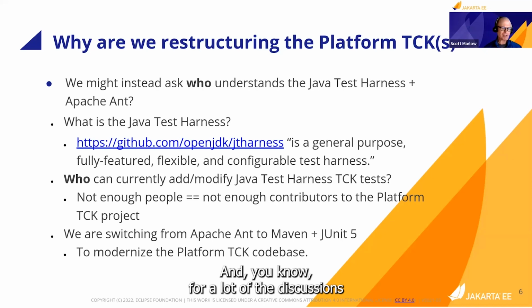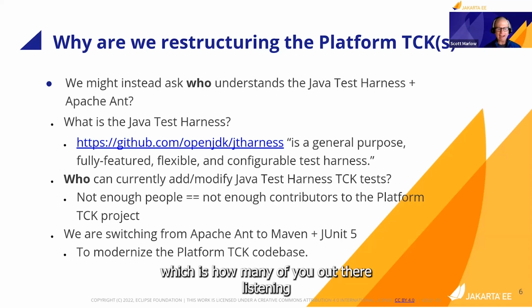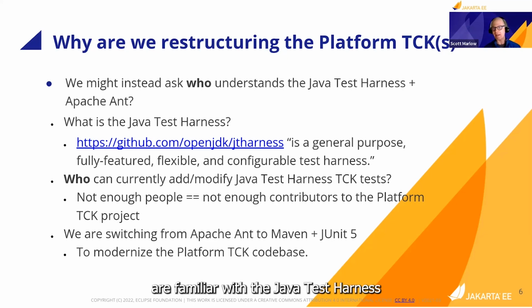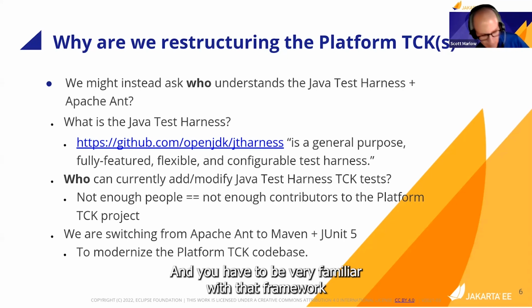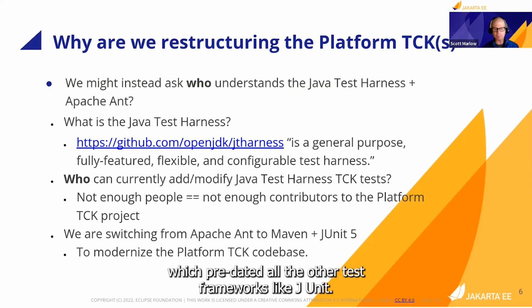For a lot of the discussions we had about this, we start from the beginning, which is, how many of you out there listening are familiar with the Java Test Harness and Apache Ant? The Java Test Harness is the test framework that the TCKs are using to run the tests, and you have to be very familiar with that framework, which predated all the other test frameworks like JUnit.